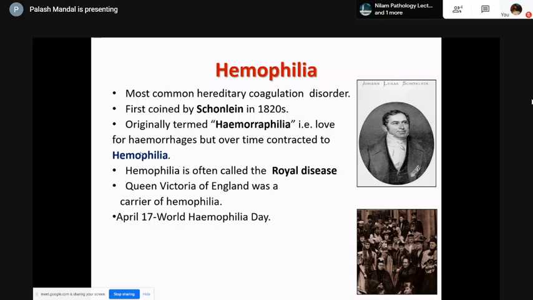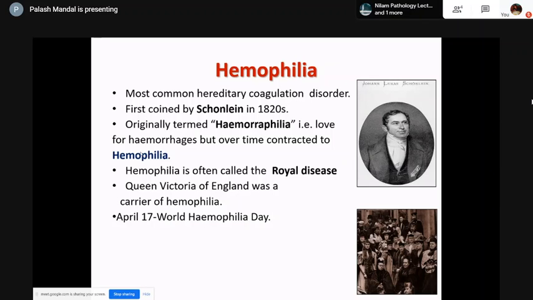That's why it has been associated with the royal disease. It has been termed a royal disease, and April 17th is celebrated as Hemophilia Day. It should not actually be celebrated but observed, because it's not a cause for celebration.